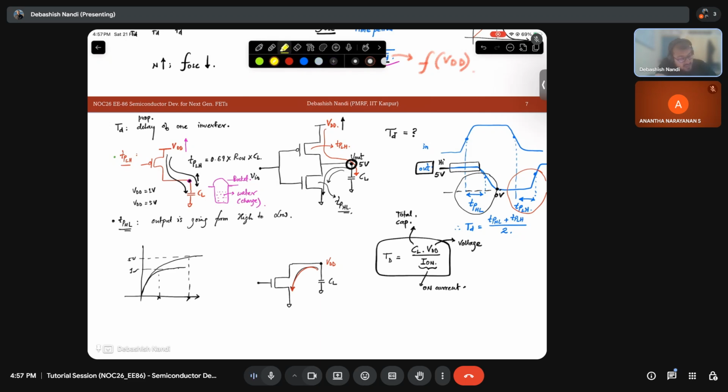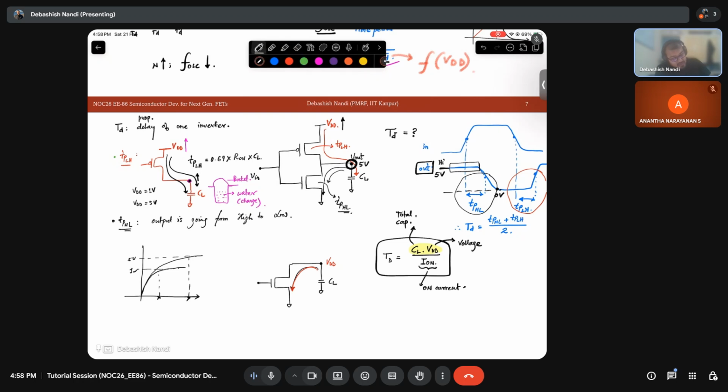So this quantity gives you the total charge that needs to be stored in the capacitor. And I is the current. So charge divided by current gives you the time or delay that is required to fill the bucket, or charge the capacitor up to that voltage.